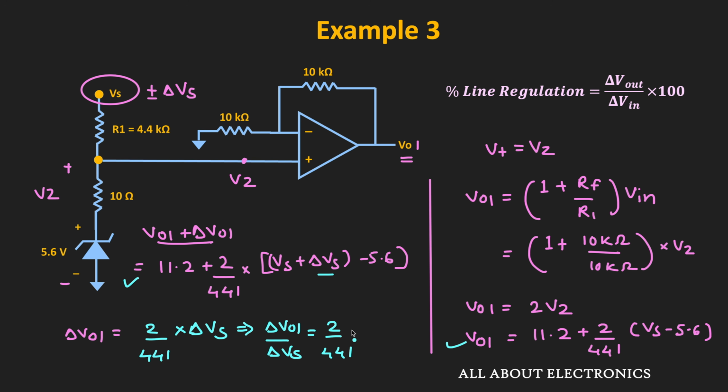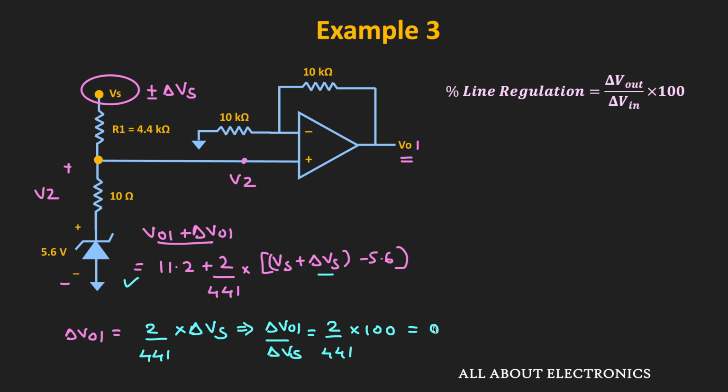And for the percentage, we will multiply by 100. So if we calculate the value, then it will come out as 0.453%. So we can say that for the given circuit, the value of the line regulation is equal to 0.453%.